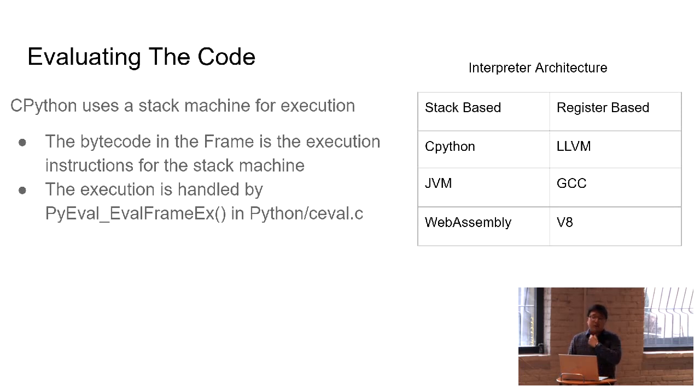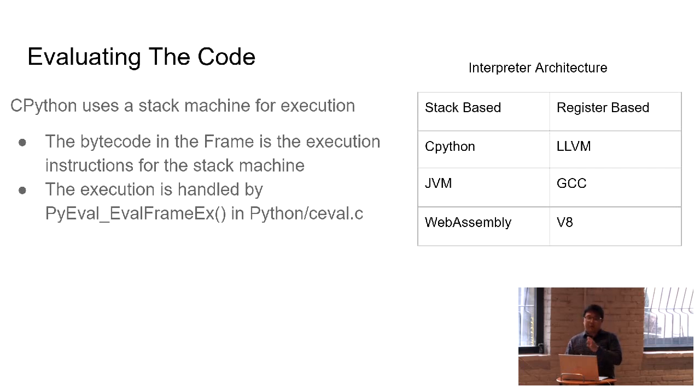The evaluation stack is basically modeled as a stack machine. So at the core of the Python interpreter, you have what we call a stack machine for executing the code. Basically, Python feeds the frame into _PyEval_EvalFrameDefault in ceval.c, and you might send it the whole frame, but it just focuses on the bytecode.